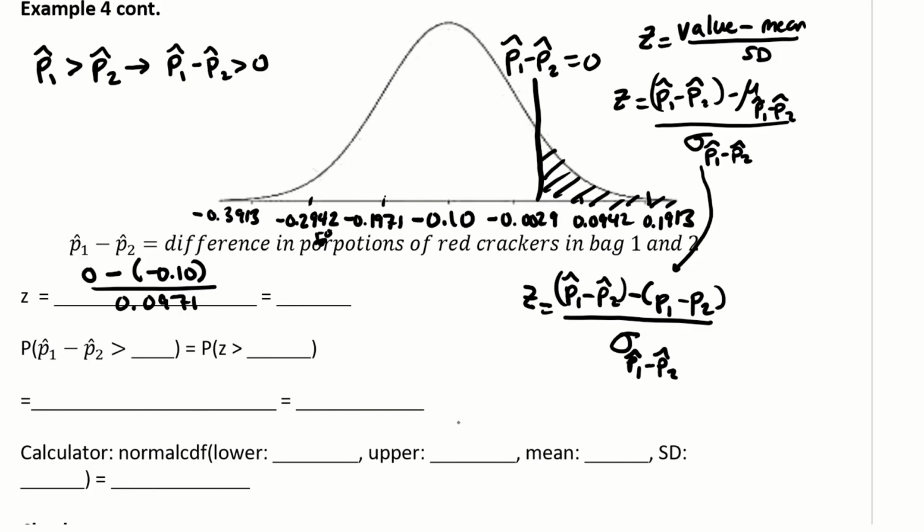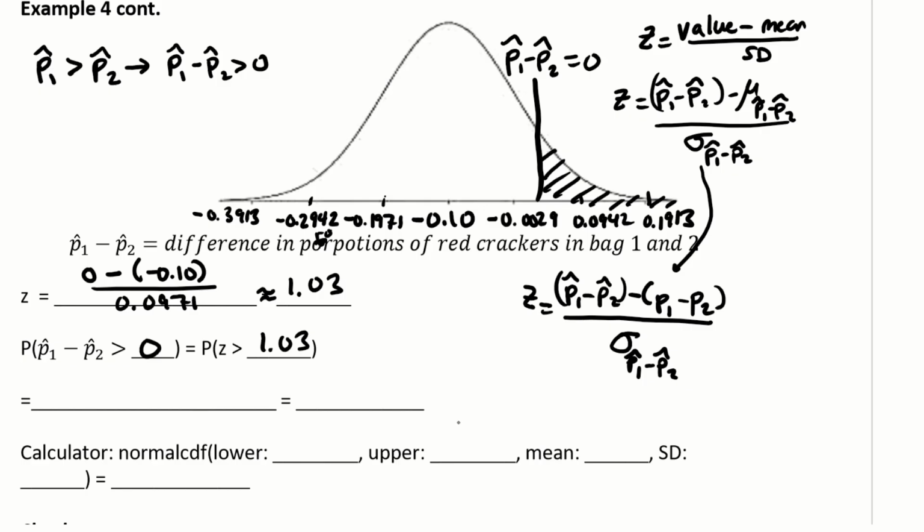All right, so we want the probability that p hat 1 minus p hat 2 is greater than 0, or the probability that z is greater than 1.03. They're equivalent. Remember, if you want the area to the right, you got to subtract the area from the left from 1. Okay, so 1 minus, and then we're going to look this up on the table.